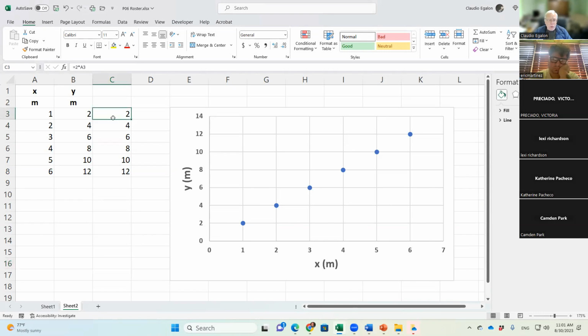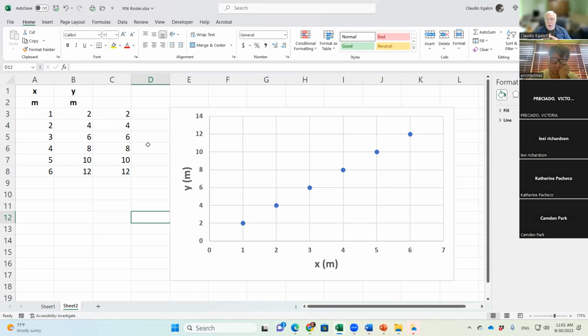This one, you already know what the equation is. The equation is 2 times x, right? But when we are performing experiments, it doesn't become very clear what the equation would be. So we use this function that's called the trend line to get what we call the regression equation.